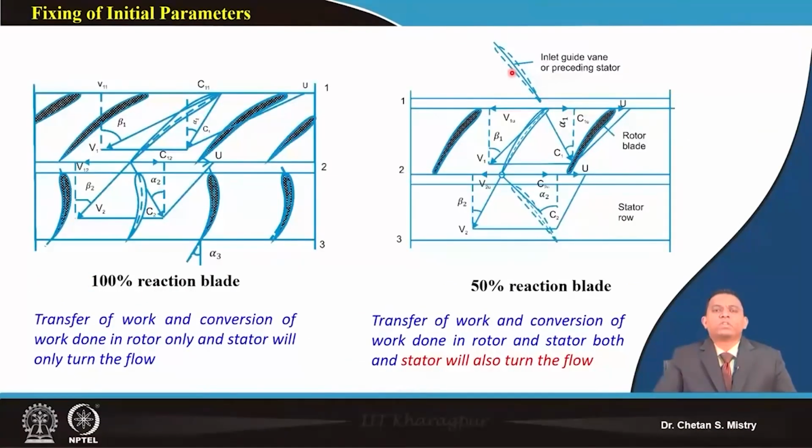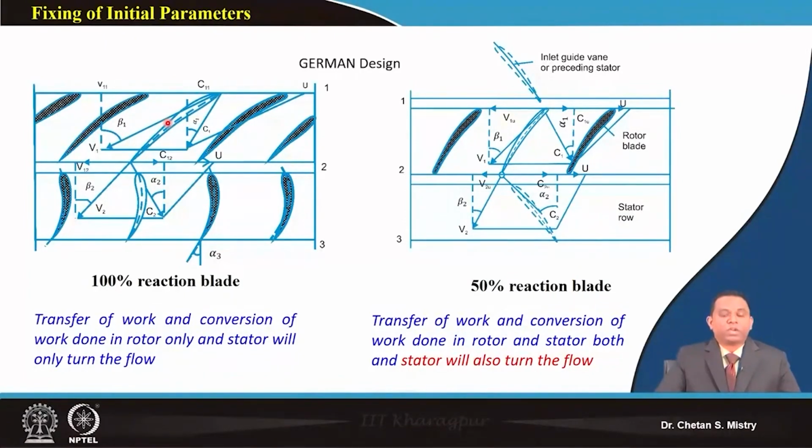In order to have this degree of reaction, if you recall, we have two kinds of configurations. This is the 100% reaction configuration, and this represents the 50% reaction configuration. As we have discussed, the whole work is done in the rotor when we talk about the 100% reaction configuration.